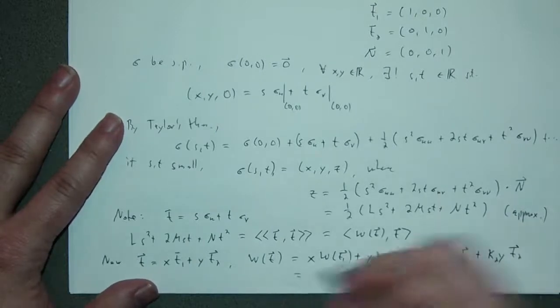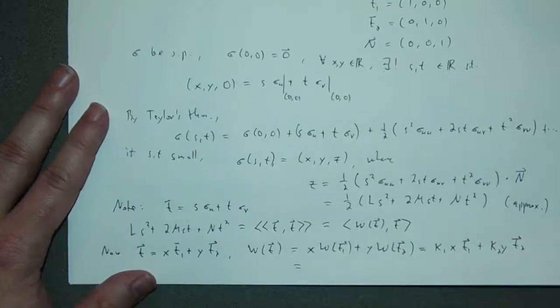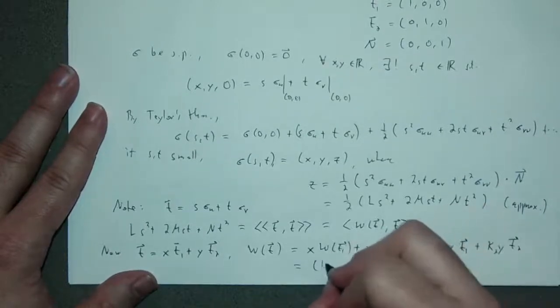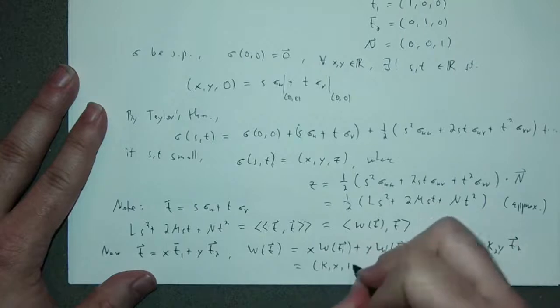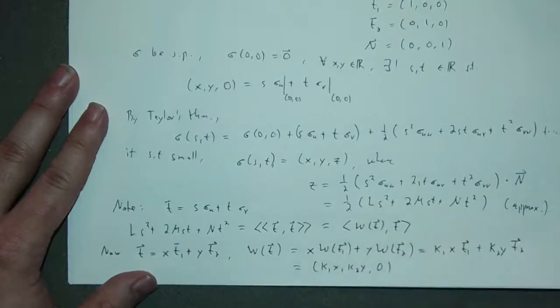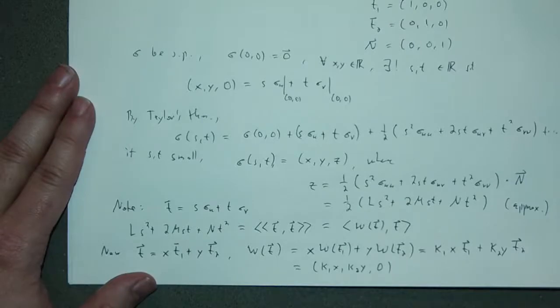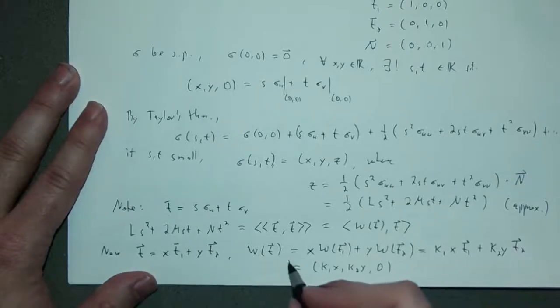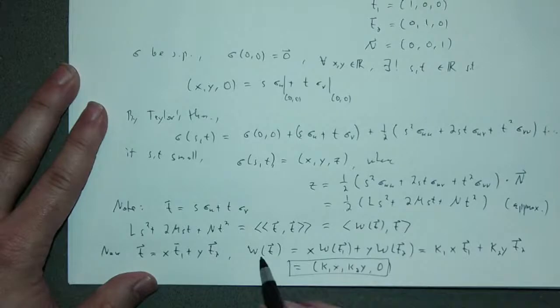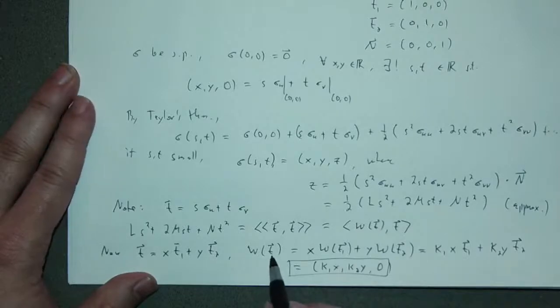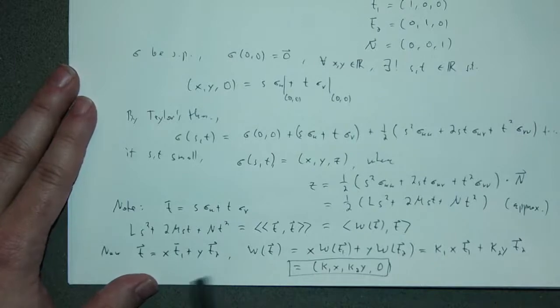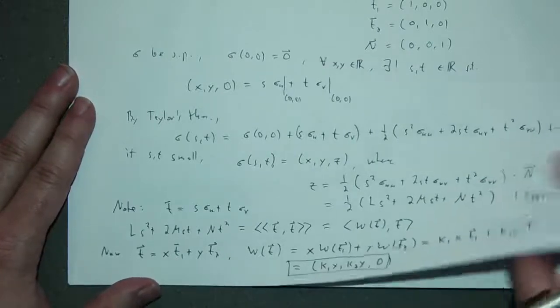So, in other words, rewriting this, this is (kappa sub 1 x, kappa sub 2 y, 0). So that is what my Weingarten map applied to a generic vector t is, which can be written as a linear combination of my principal vectors t1 and t2.